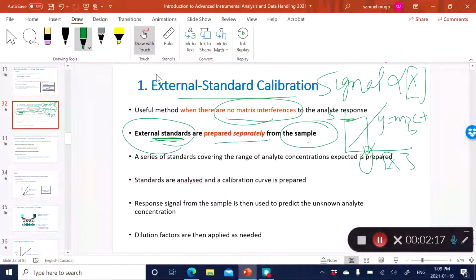So you made an assumption that the instrument is going to respond in the same way to the standard as well as to the sample, which is not completely true, because we know the sample has matrices, and matrices can interfere with the analyte detection.